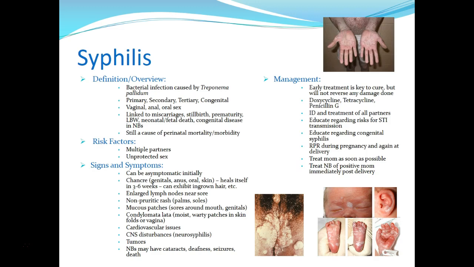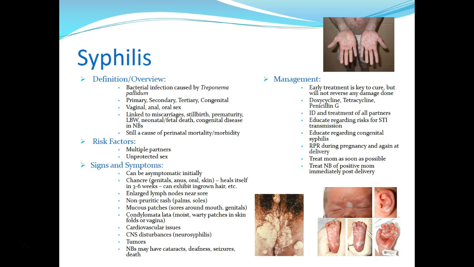Condylomata lata. Those are moist, warty patches in the skin folds or in the vagina, and those are also a symptom of syphilis. These people can have cardiovascular issues in the more advanced stages of syphilis.